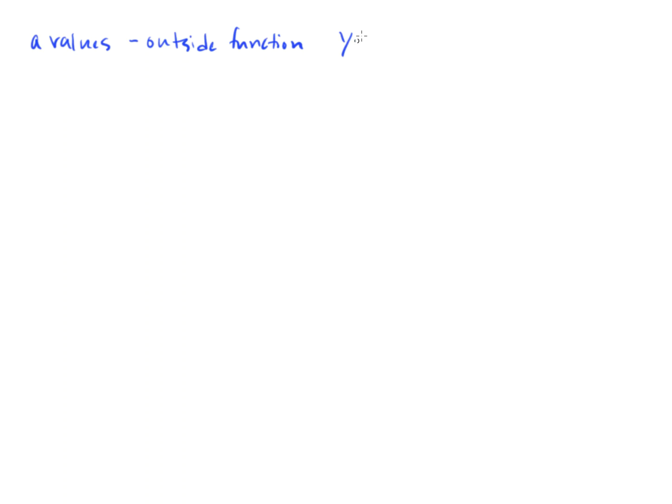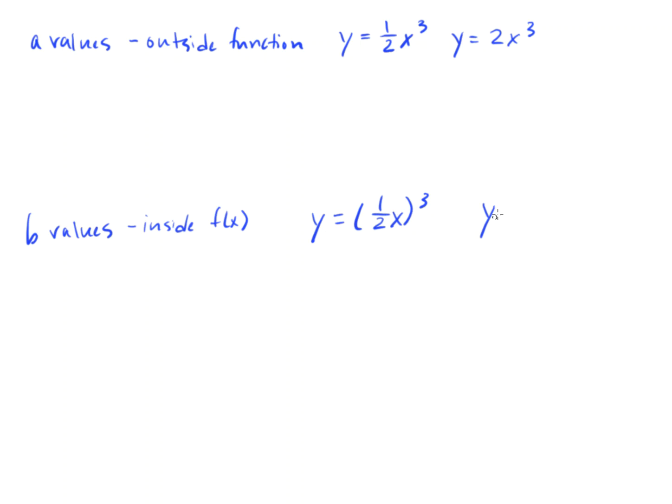For example, y equals 1/2 x cubed, and y equals 2x cubed. The b values are inside of the function. So we have y equals 1/2 x cubed, and we have y equals, let's see, 2x cubed.